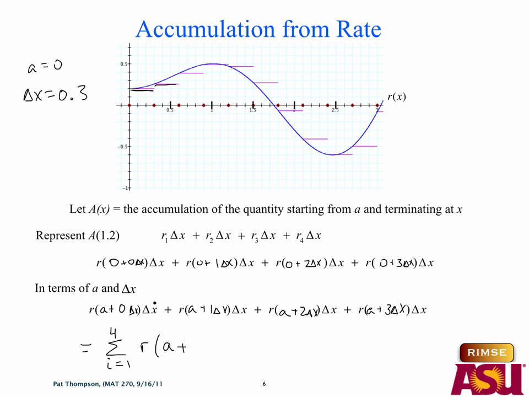Those are the things that are changing. But it's not equal to the i value. What is it in relation to the i value? 1 less. So I could do i minus 1 delta x. So that is the input of my R times the length of delta x. So far, so good?